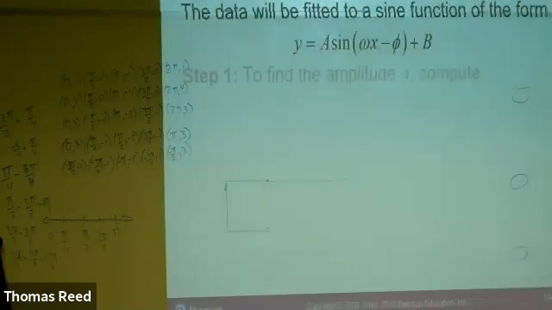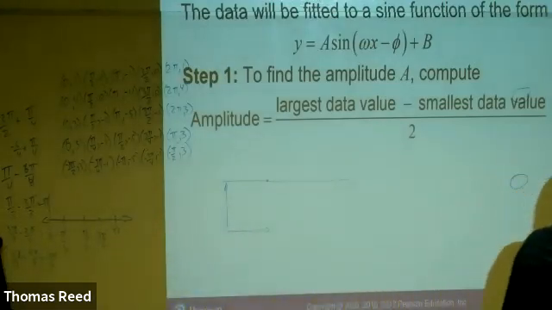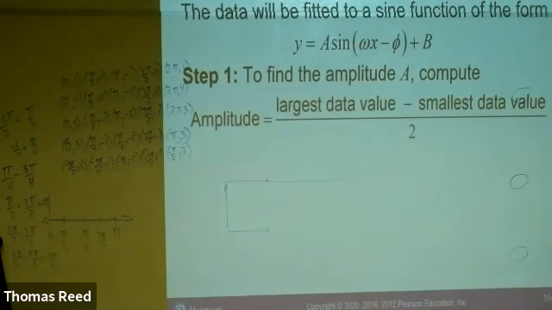Let's look at it. Define the amplitude, compute the largest value minus the smallest value. So in this case, it's going to be 30.4 being subtracted from 42.2, which gives us 43.8 divided by 2, which gives us 21.9.